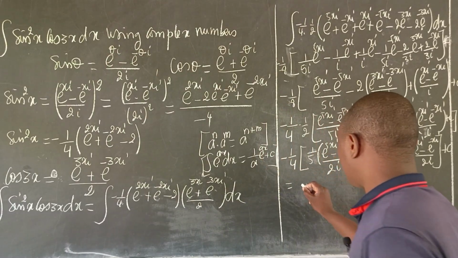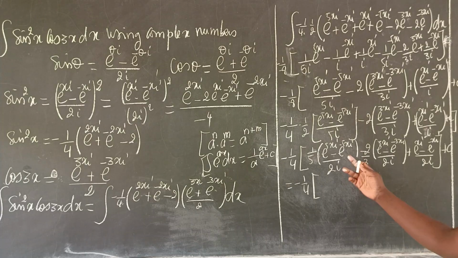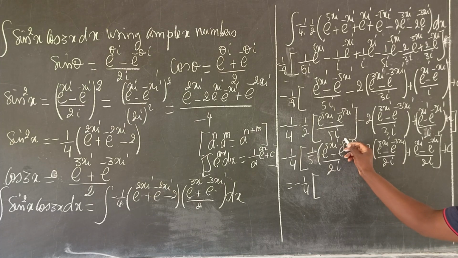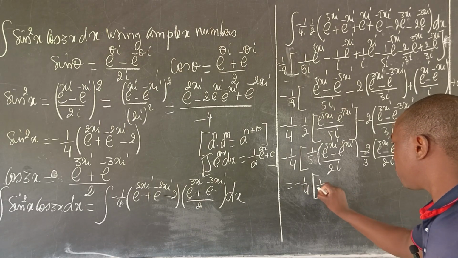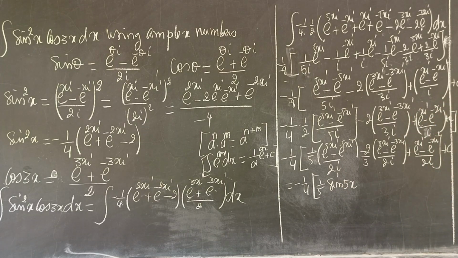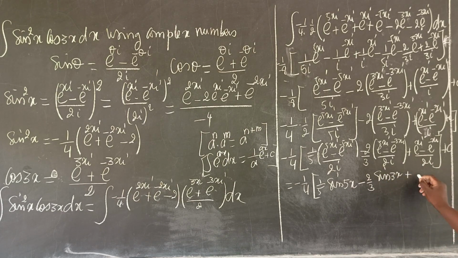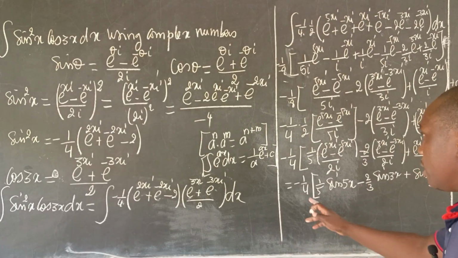So I have minus 1 over 4 into, as you see, because our theta is 5x here, we have 1 over 5 sine 5x minus 2 over 3 sine 3x plus sine x plus a constant. So, as a conclusion, the given integral will be this.